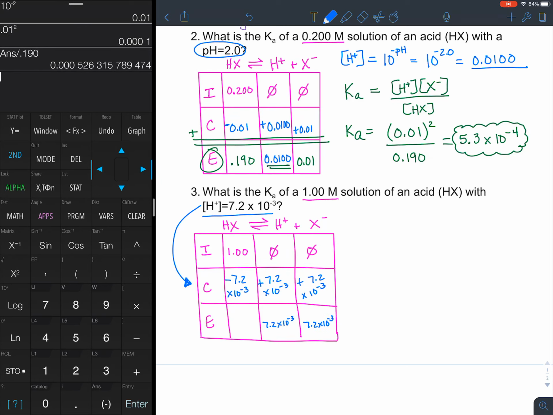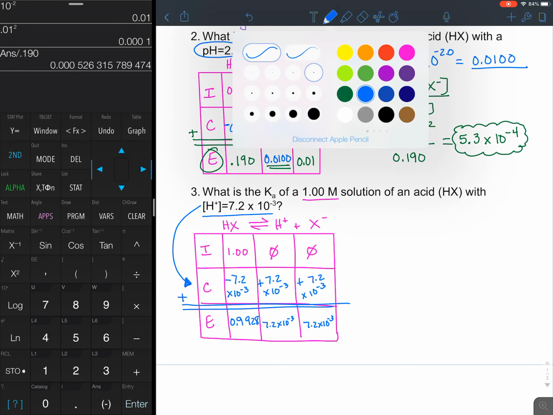Okay. And then the other one, when we subtract that, I went ahead and calculated that already. We get 0.9928. Okay, so we added these up to get this bottom. All right, now let's go ahead and stick that into our Ka expression.